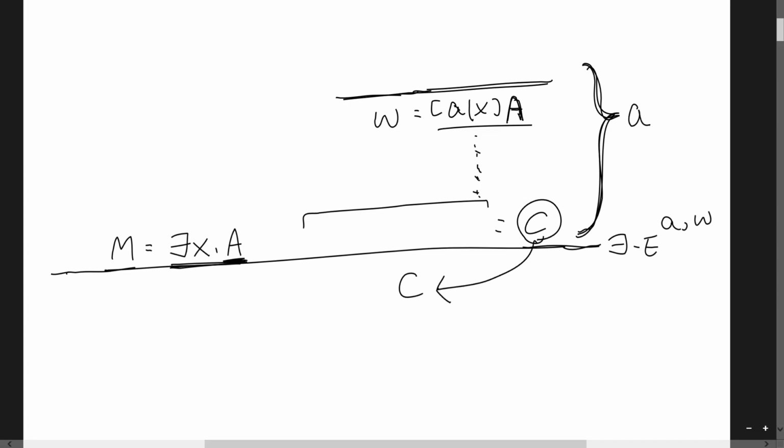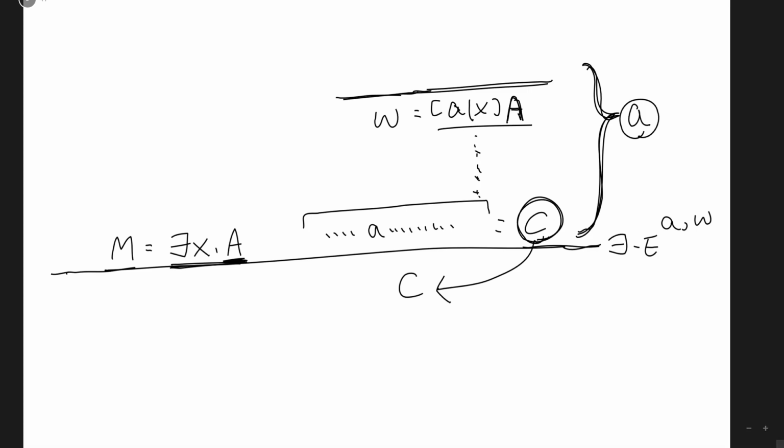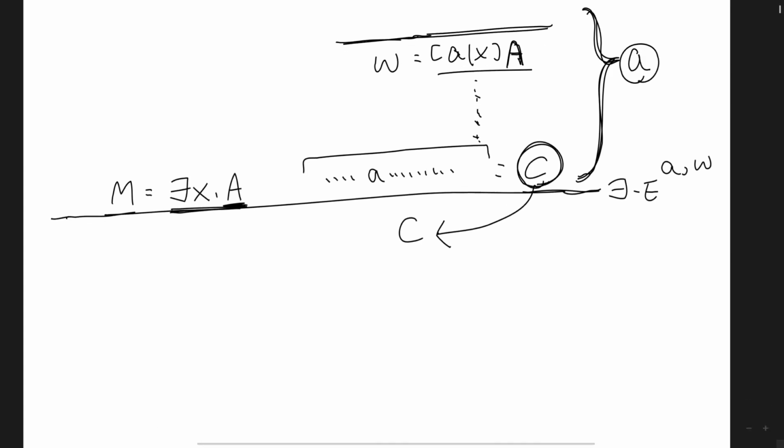So therefore, a is not supposed to be found inside the C. So that's a fact. On the other hand, it's okay to use parameter a inside this proof term. It may not be clear at first, but let me show you an example.